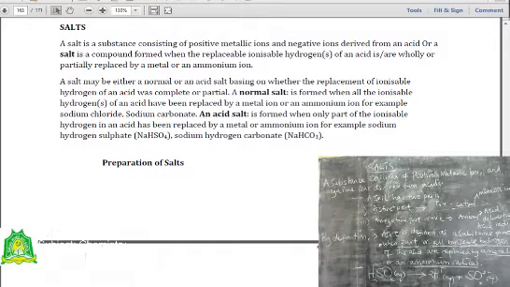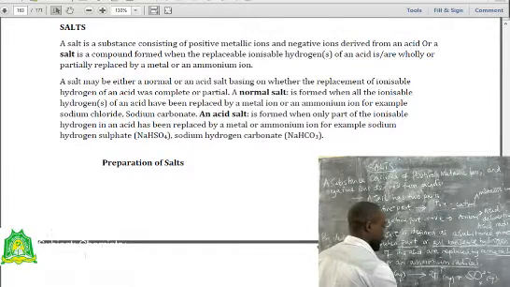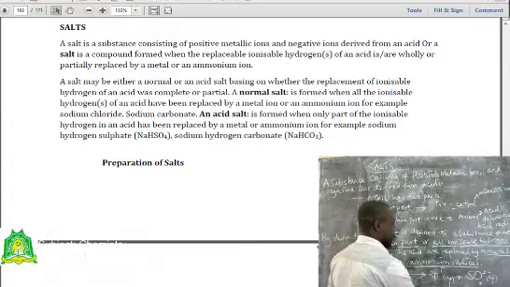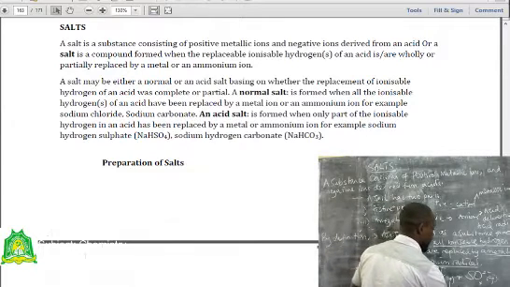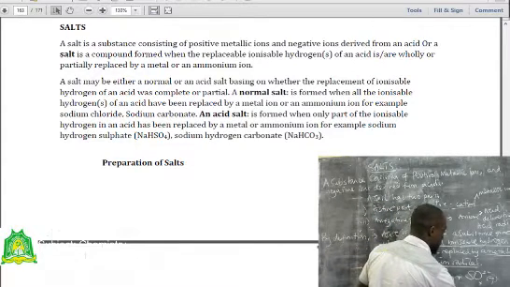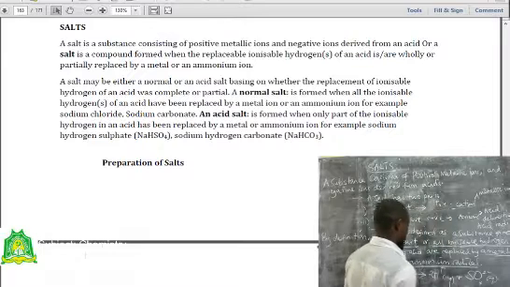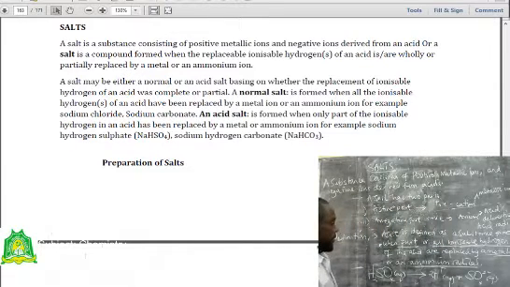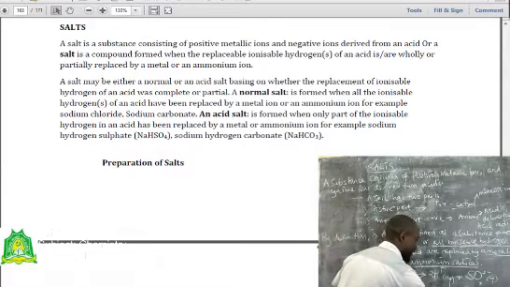It can also undergo partial ionization. The sulfuric acid can also ionize in this form: the hydrogen ion plus the hydrogen sulfate ion.